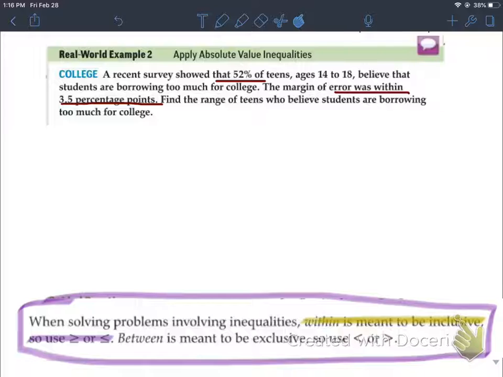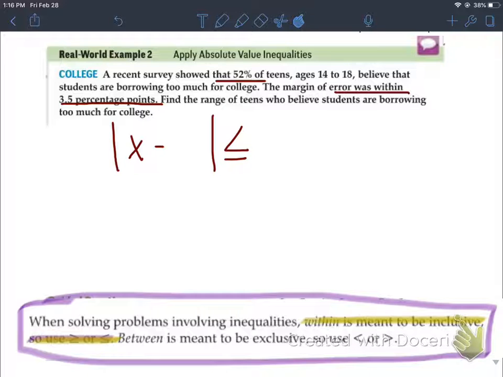Now think back to when we did absolute value problems. We did see word problems where we set up the absolute value of x minus a number, and in this case we're going to do less than or equal to, because we want the difference between the actual percentage of teens and the percentage from the survey, so that's why we chose the less than or equal to sign.